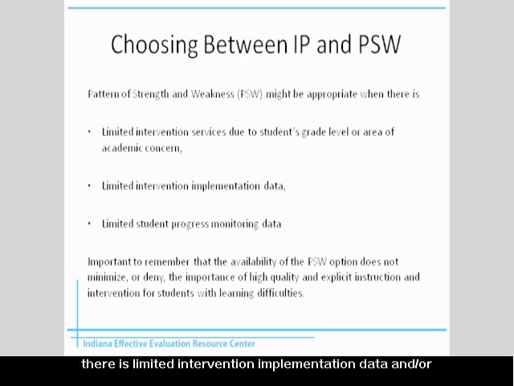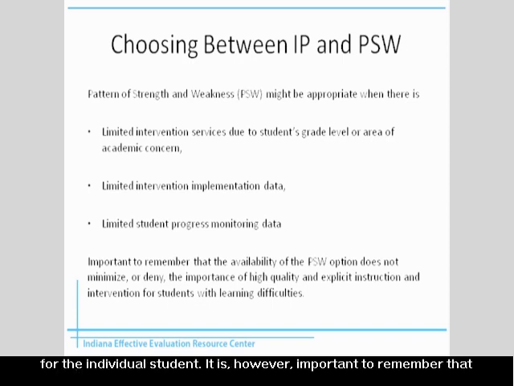Sometimes there is limited intervention implementation data and/or limited student progress monitoring data. In those situations, the multidisciplinary team may make the decision that a pattern of strengths and weakness option is most appropriate for the individual student.